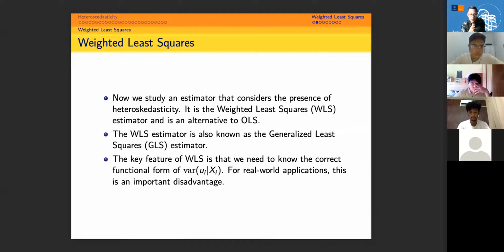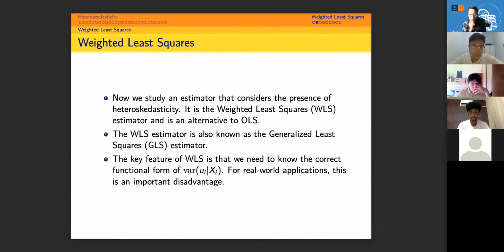The weighted least squares estimator is also known as the generalized least squares estimator, or GLS. The key feature of WLS is that we need to know the correct functional form of the variance of the unobservable.